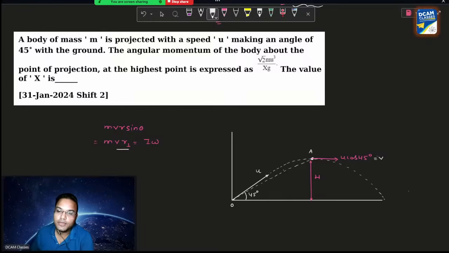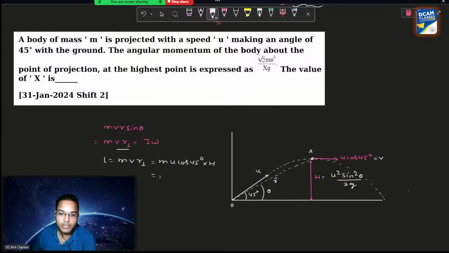If someone is doing m into r cross v, this is the r vector, this is theta, r sine theta will be h only. So angular momentum L will be m into v into r perpendicular, which is mass into u cos 45 into r perpendicular, this h. The maximum height formula is u square sine square theta by 2g.